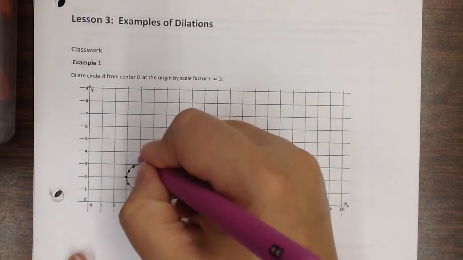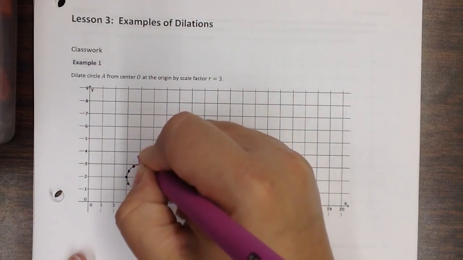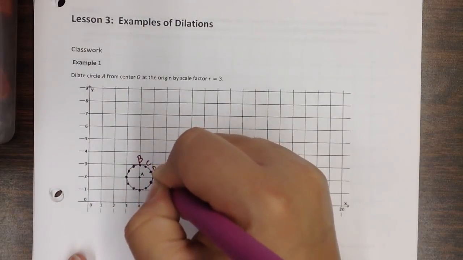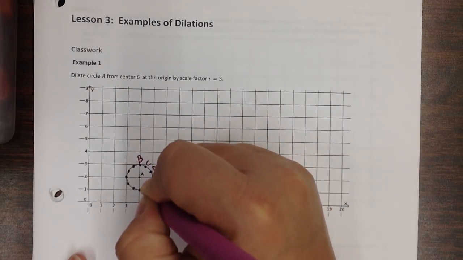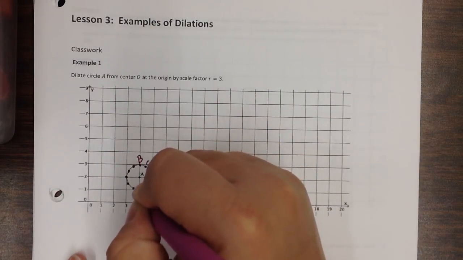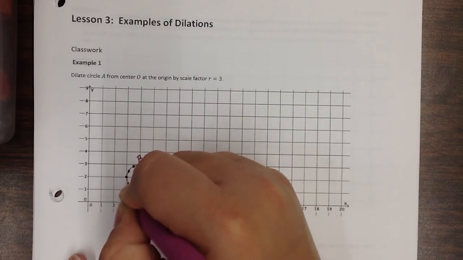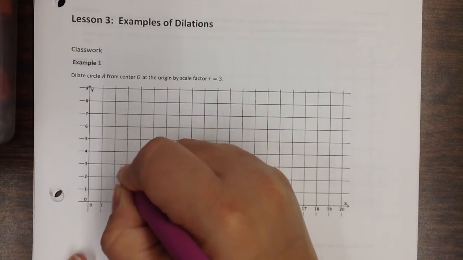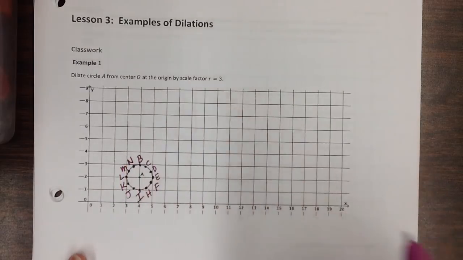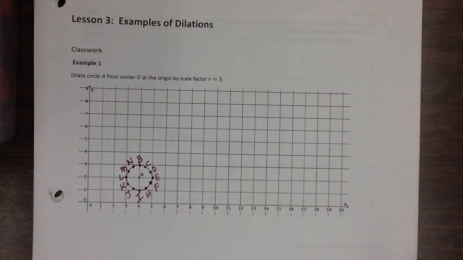So A, and then this would be B, C, D, E, F, H, I, J, K, L, M, N. And I know that seems like a lot, but you're going to need that many points to make this happen.